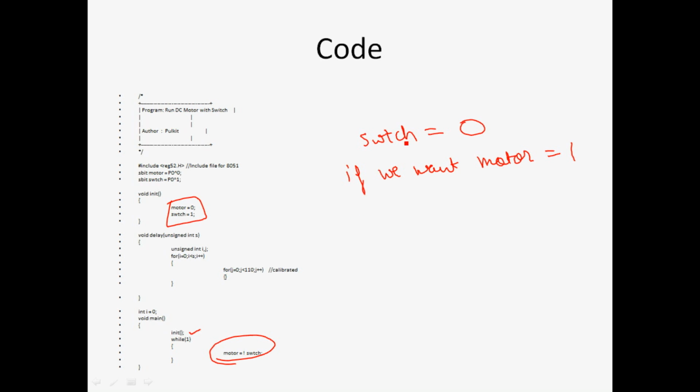Because we have used the not sign, which inverts the signal coming from the switch, in this case switch is equal to 0 only if it is pressed. So this was all about the logic to run a DC motor with the help of a switch.